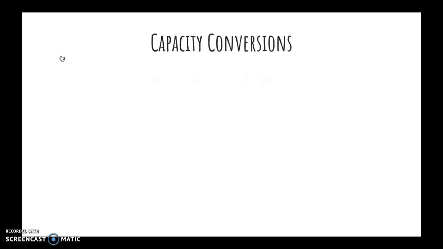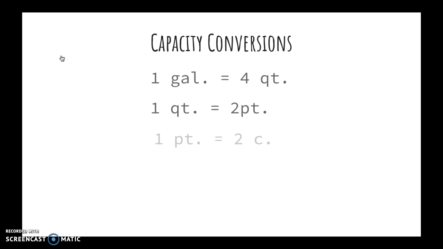Here are the capacity conversions. 1 gallon is equal to 4 quarts. 1 quart is equal to 2 pints. 1 pint is equal to 2 cups. 1 cup is equal to 8 fluid ounces. So go ahead and write these down because they will come in handy when we are solving the guided practice.